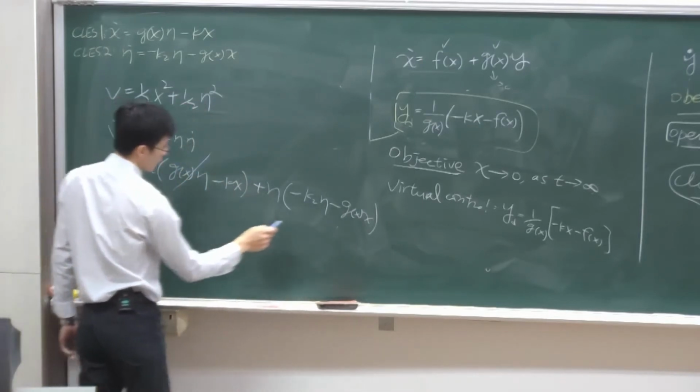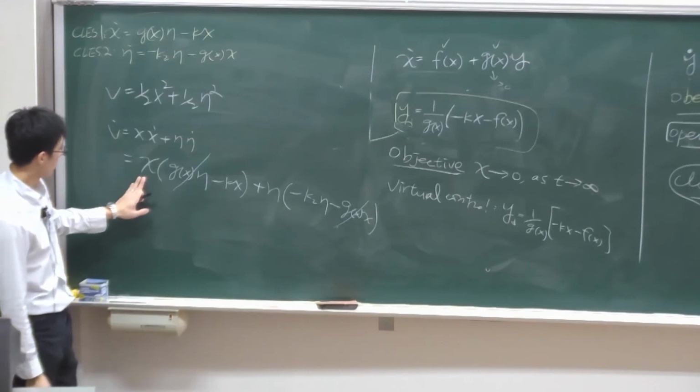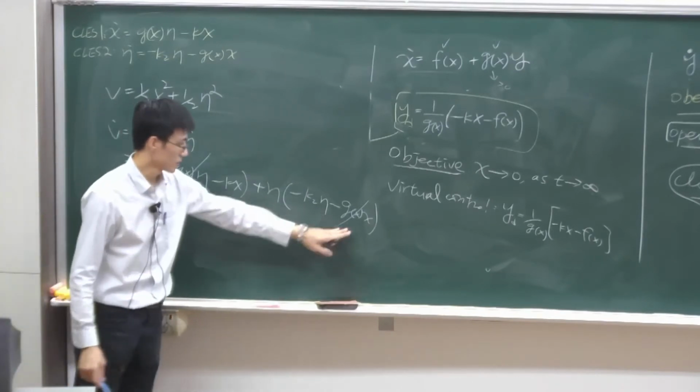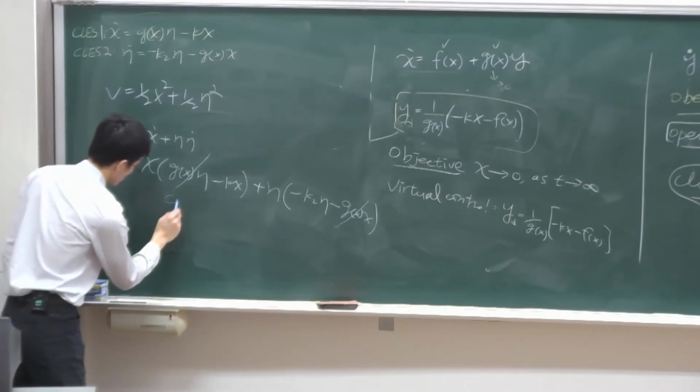These two are the cross terms that can be cancelled because you have x in front of the term and you have eta in front of the term. That's why it's called cross terms.